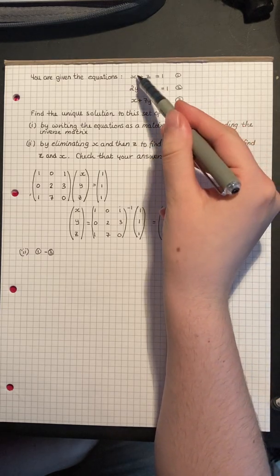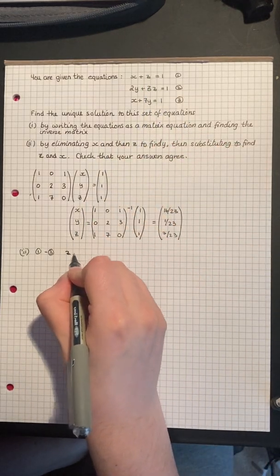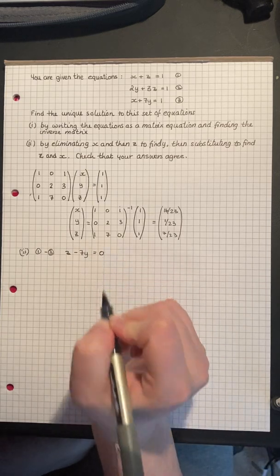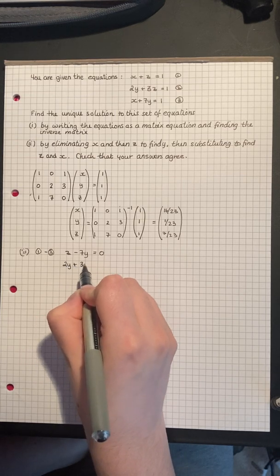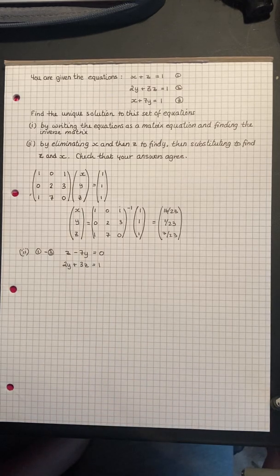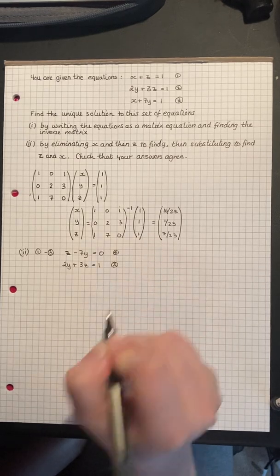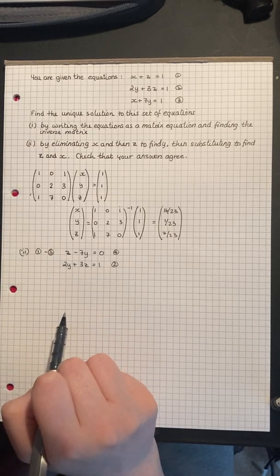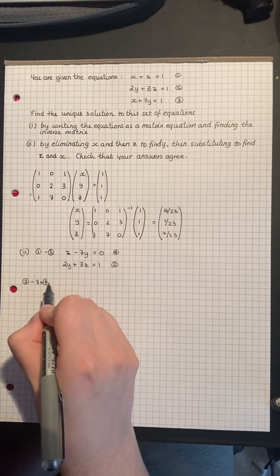That will give us x minus x, which is nothing, z minus 7y equals 0, and then equation number 2, 2y plus 3z, doesn't include x, so we've already eliminated x. It says then eliminate z, so let's label this one 4, and remember that this is just copied from number 2.